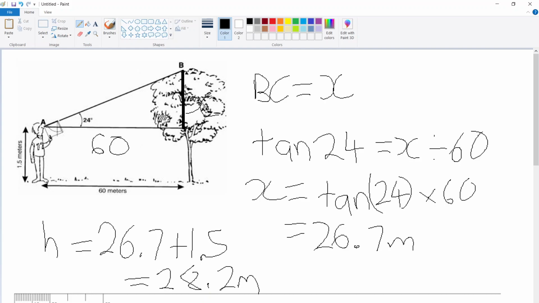So we've now got an estimate for the height of the tree by measuring the angle of elevation and the distance away from it, and also the eye level height as well.